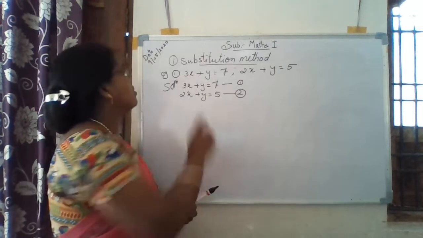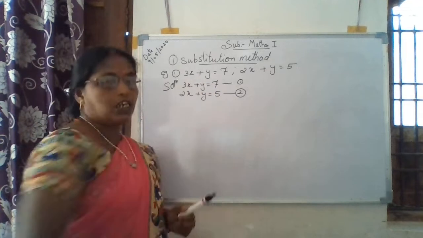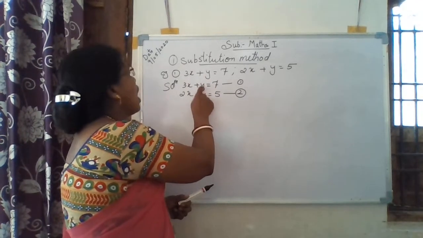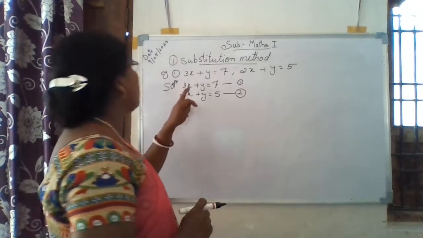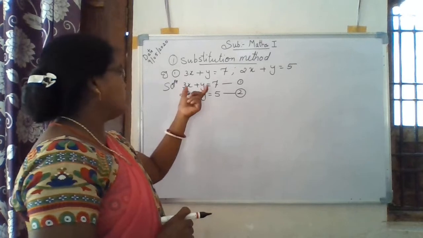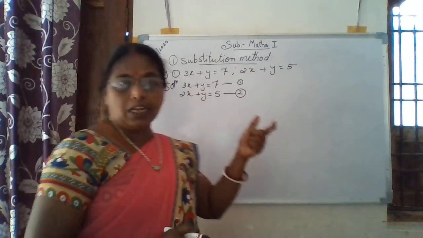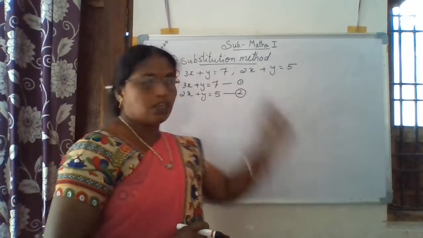Because it's very easy. In this equation, y has coefficient only 1 and x has the coefficient 3. So it is very easy and convenient to find the value of y from equation 1.